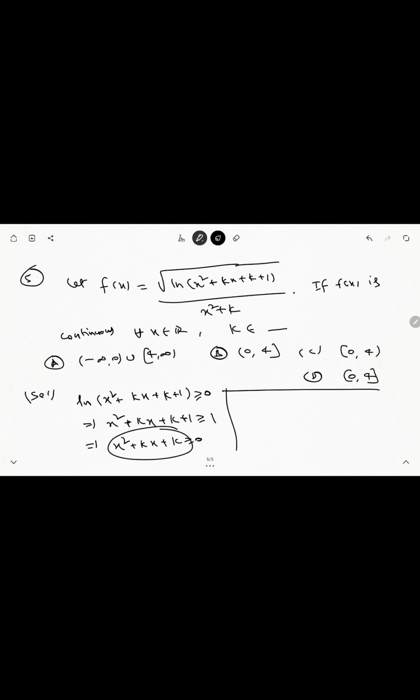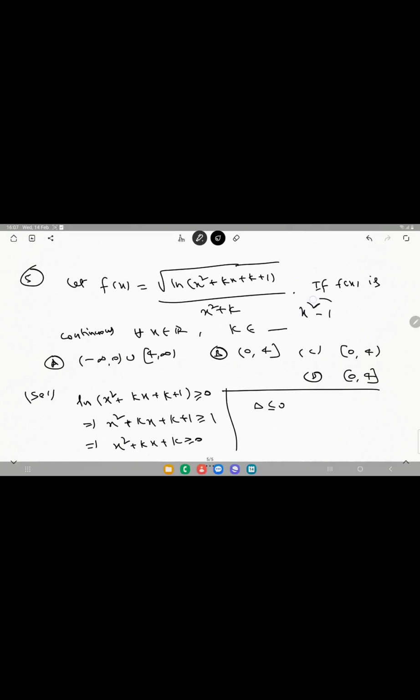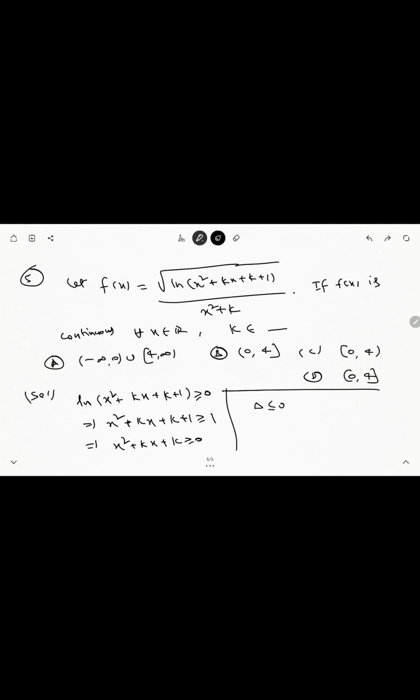This is a parabola, always positive or 0, which means delta must be less than or equal to 0. Clear? And also k must be positive here, otherwise it is again undefined. Suppose x square minus 1 is there, then whenever x is equal to plus or minus 1, the denominator is 0. Therefore, what to write here? Here only I am writing.